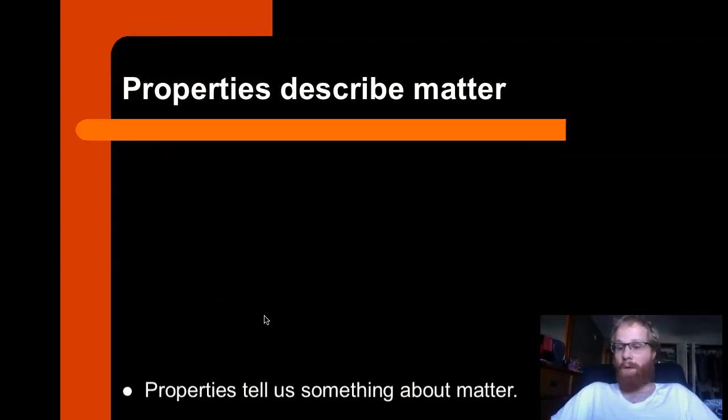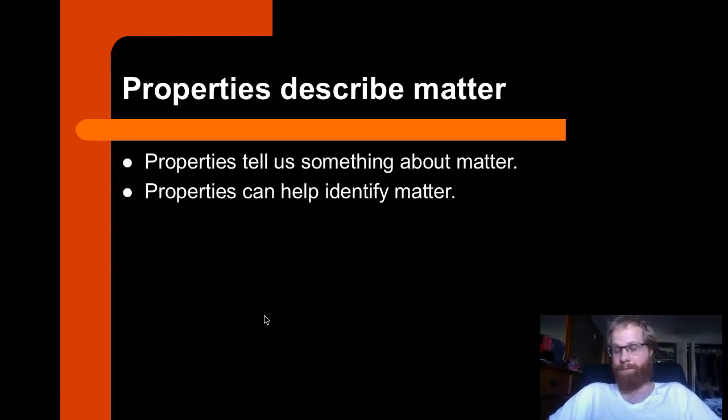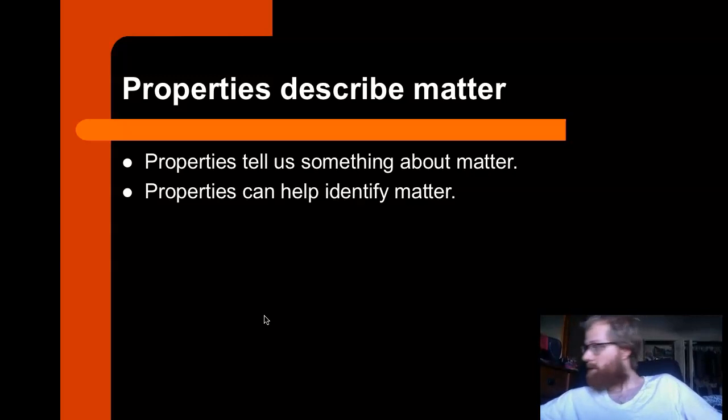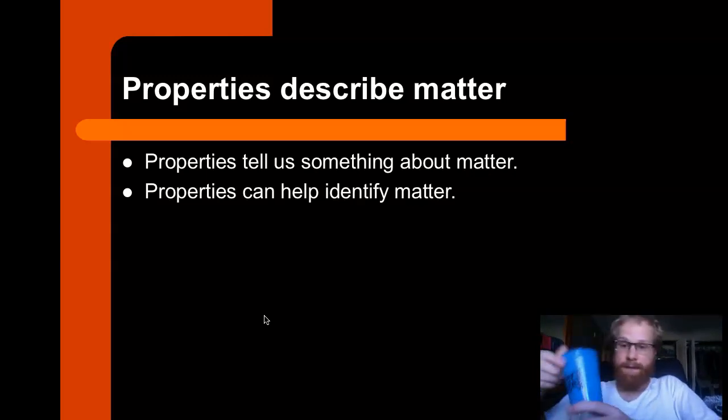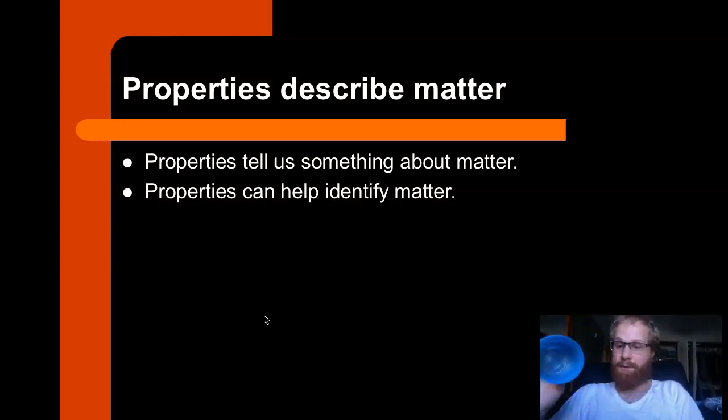So, one thing that is true with all forms of matter is that matter has properties. Properties are simply things that are used to describe matter. They help us identify matter. They let us know what the difference is between matter. I know that this is a cup because of its cylindrical shape, because of the fact that I can drink out of it, the fact that it can hold liquids.